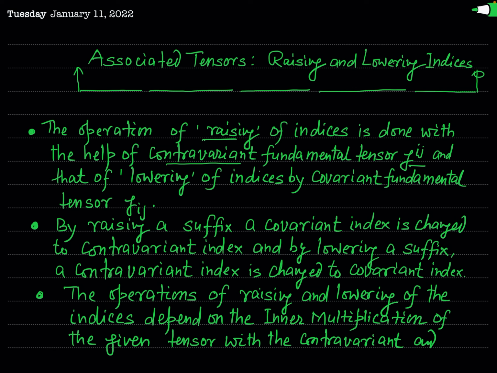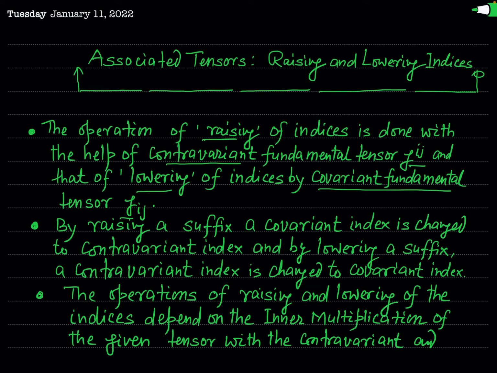Similarly, if your aim is to perform the operation of lowering of indices, that can be performed with the help of the covariant fundamental tensor G sub Ij. I hope you have understood this statement.